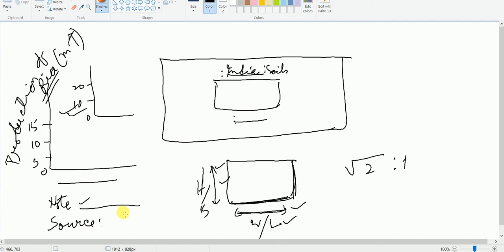For example, we derive the data from the census of India, for example, census of India 2001. In this way, we have to give the source as well as some important notes describing the diagram.